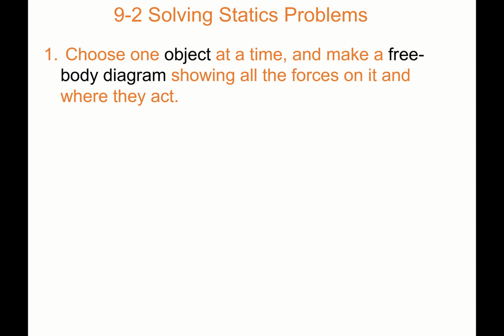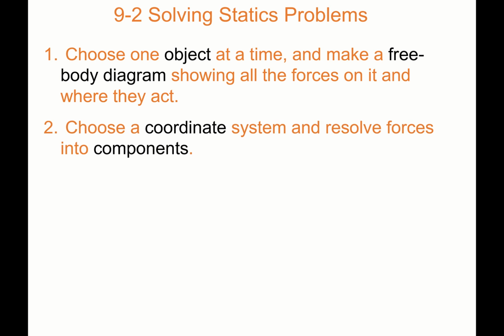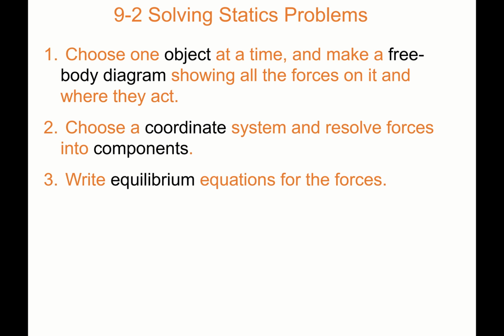So to solve the problem, our recipe is to draw a free body diagram showing all the forces acting on the object and where they act, and then break the forces into components. For this day, we're going to only do one-dimensional problems, so the forces will all be in one direction. We don't have to do any components.